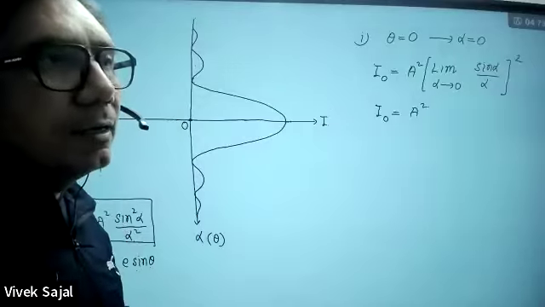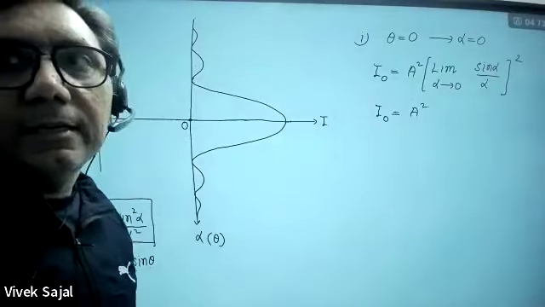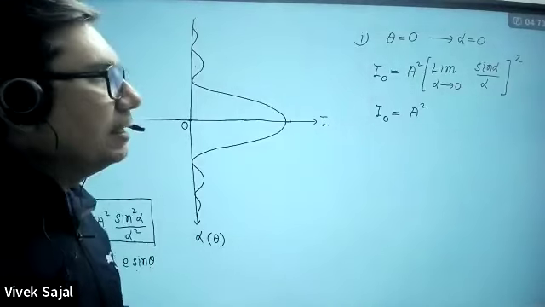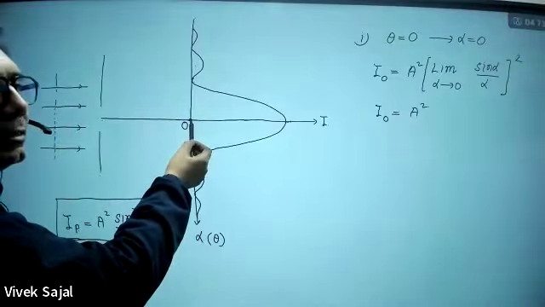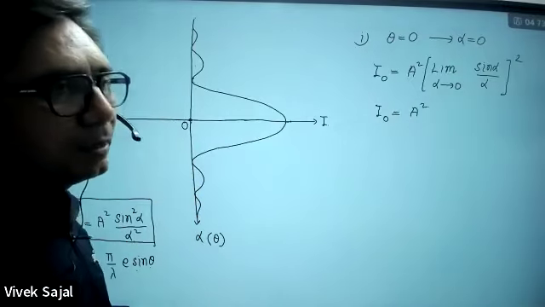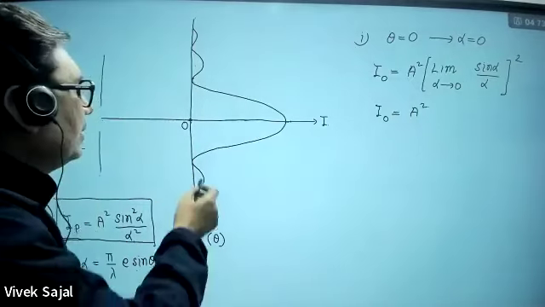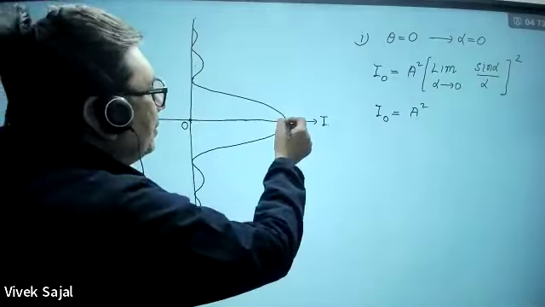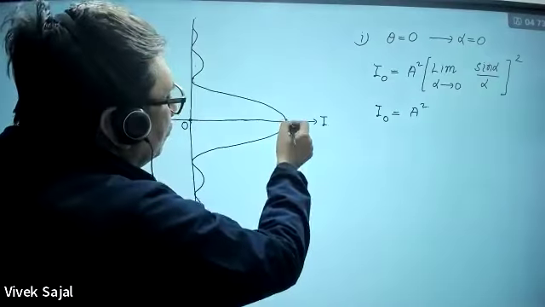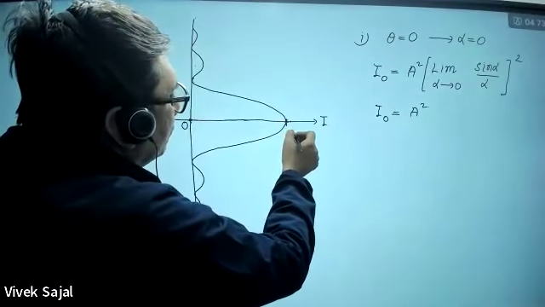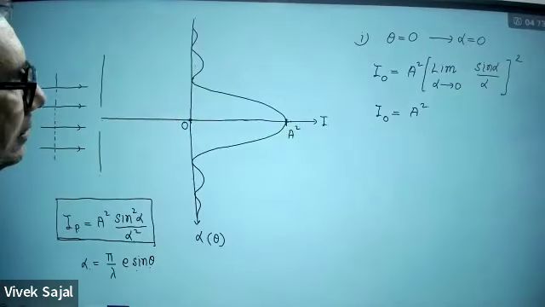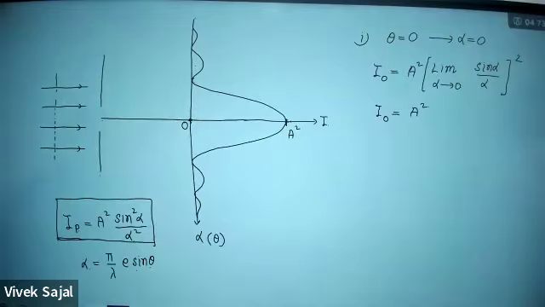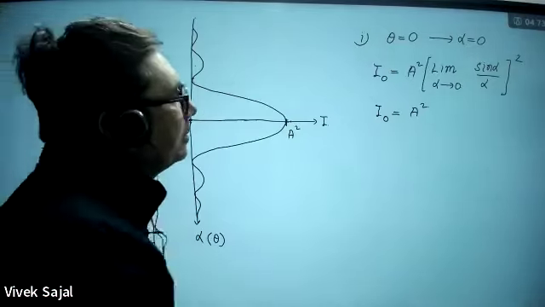Okay, A square. So how can you define A? A can be defined as that the intensity at the central point on the screen will be A square. So the intensity at the central point here is A square. Okay, this will be the first thing.